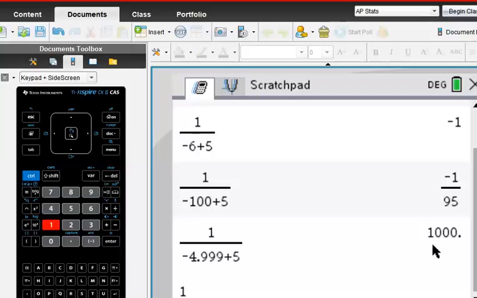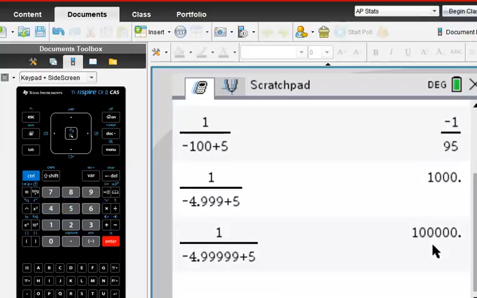Let me do 1 divided by -4.99999 plus 5. Okay, so I can make y even bigger. So the closer I get to 5, the smaller I make the denominator, the larger the fraction becomes.